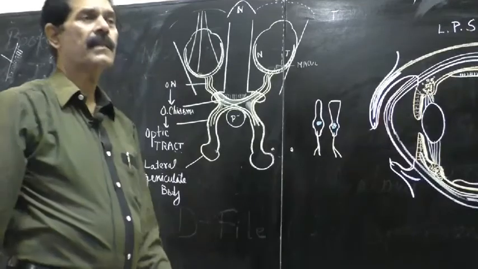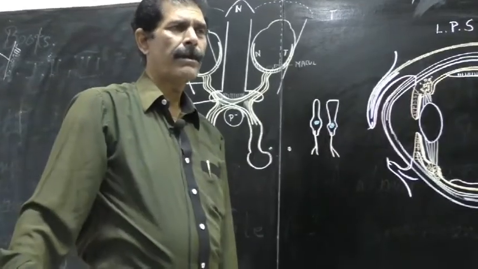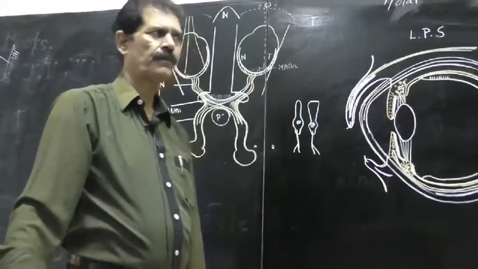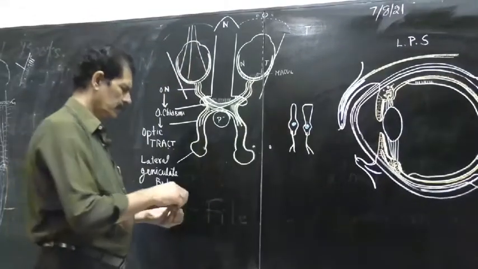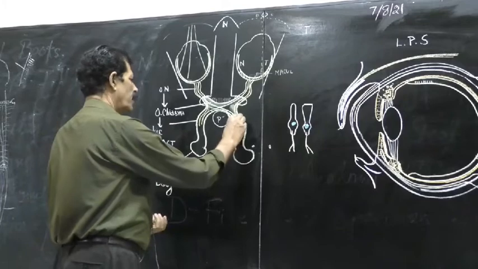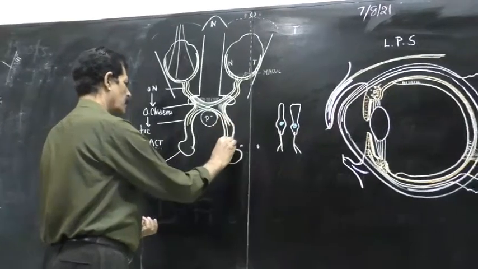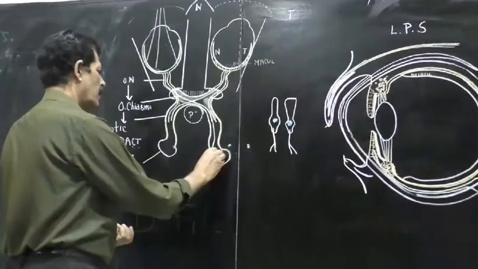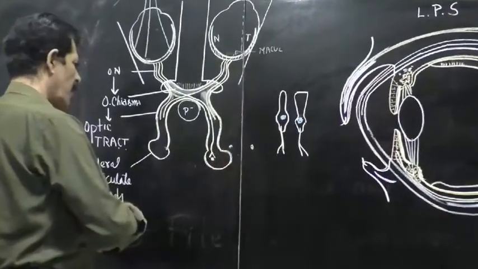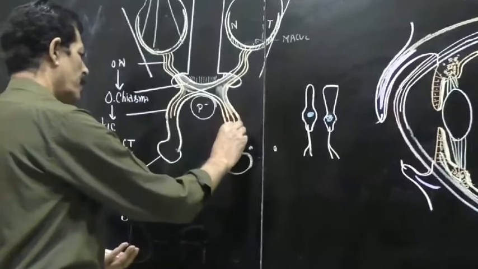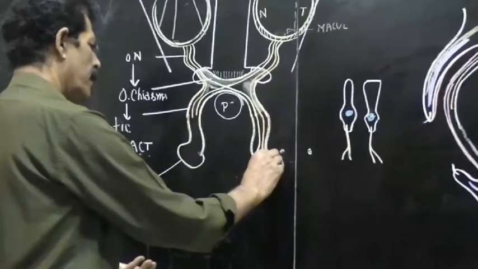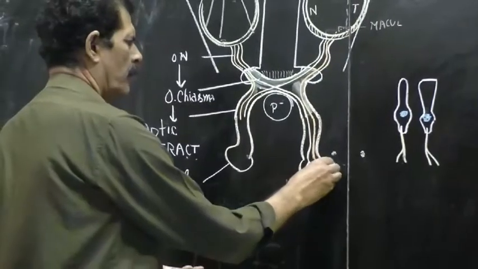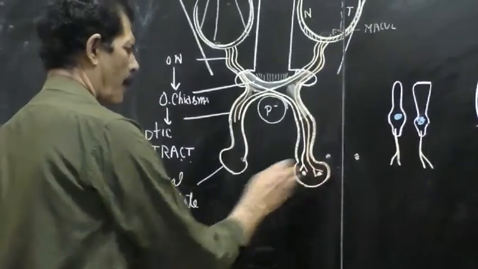has got 6 layers of gray matter, numbered 1, 2, 3, 4, 5 and 6. The nasal fibers as well as the temporal fibers relay in the 6 layers of the gray matter of the lateral geniculate body.